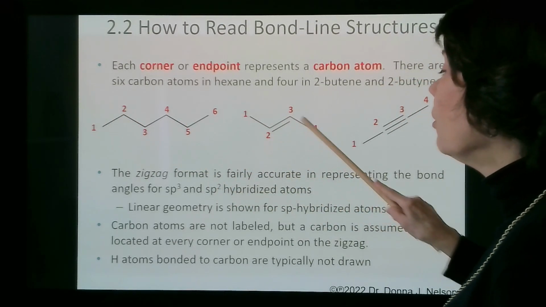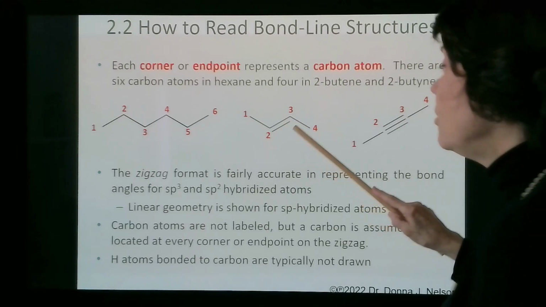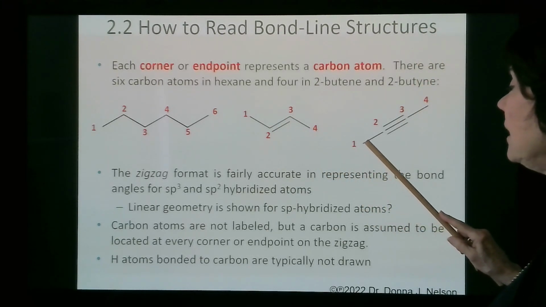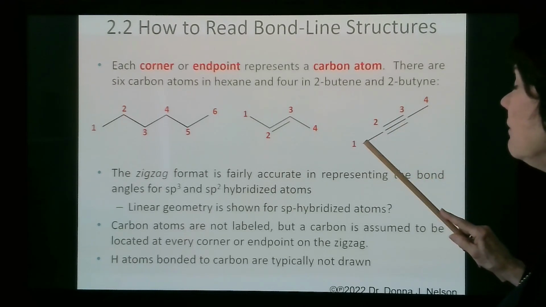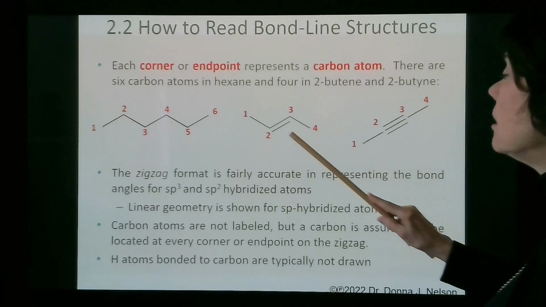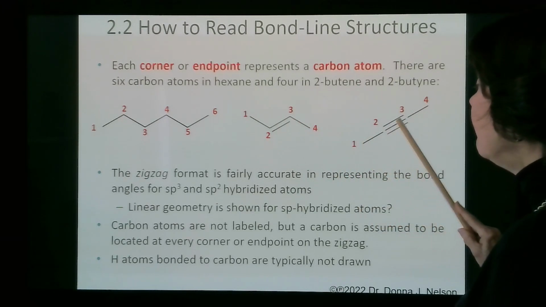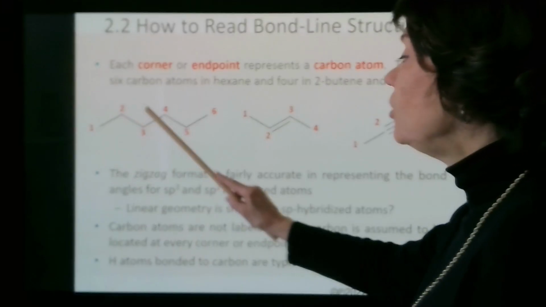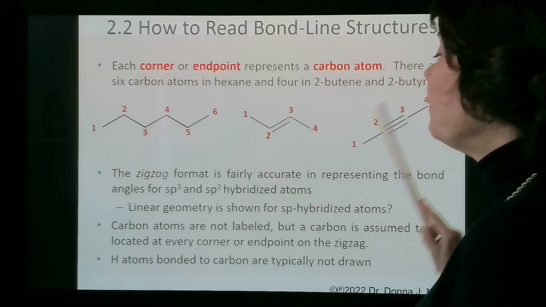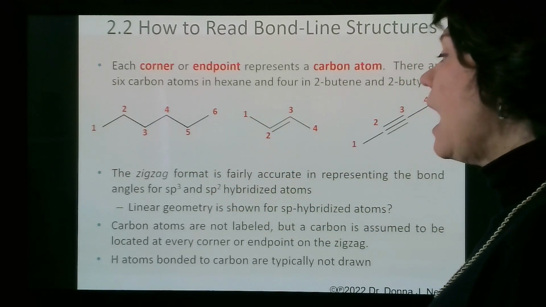Same thing here in this alkene, and you can see the carbon-carbon double bond. You can see it's the same way in this alkyne. There is a carbon at each end point of each bond. So the zigzag format, rather, is somewhat accurate.